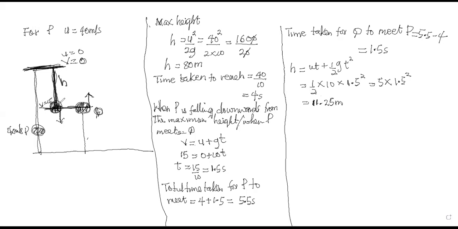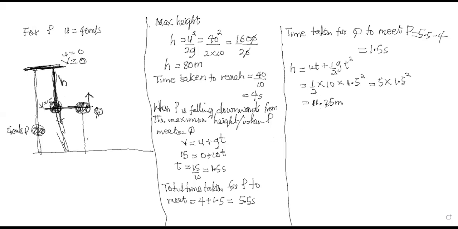So if by the time they meet, P has traveled 11.25 meters from the maximum height, what will be the distance from the ground where they meet? Don't forget, the maximum height is 80, and our measurement is from the ground.